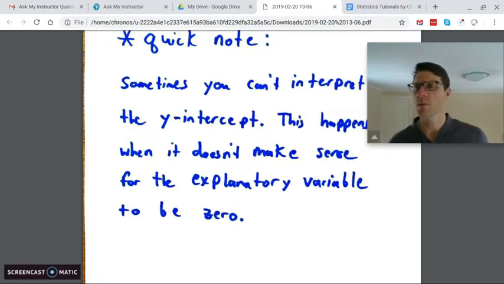Of course, the bigger the square feet of a house, the higher the price, and you can capture that with a regression line. But if we wanted to talk about the y-intercept of that regression line, then we're talking about 0 square feet. There's really no houses that have 0 square feet.